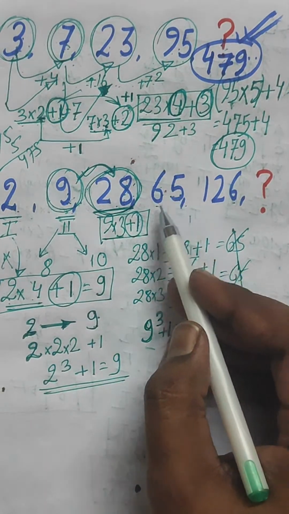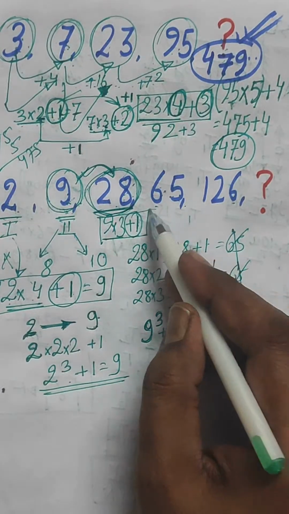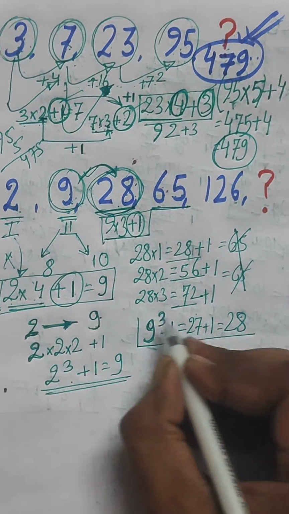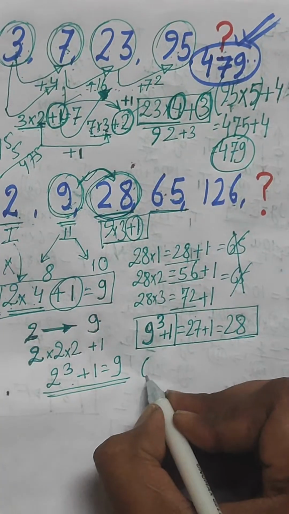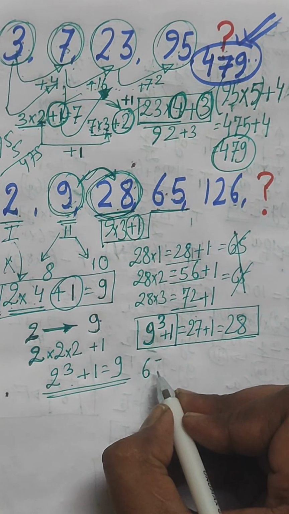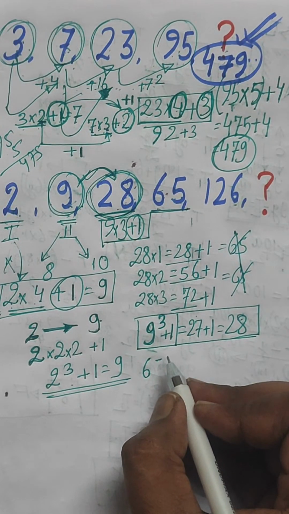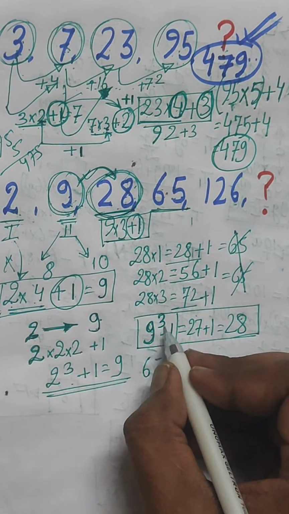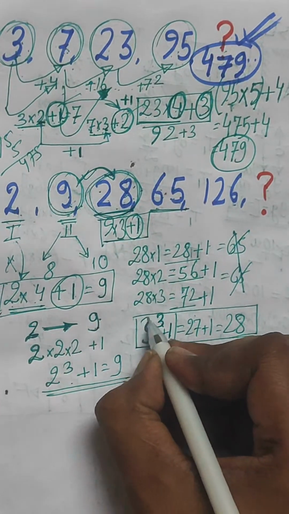Now you can use this logic over here. You can just check for the third term, because I can see this is happening: cube plus 1. Now when 65 is given to you, 28 is actually coming from 3 cube, not 9 cube.